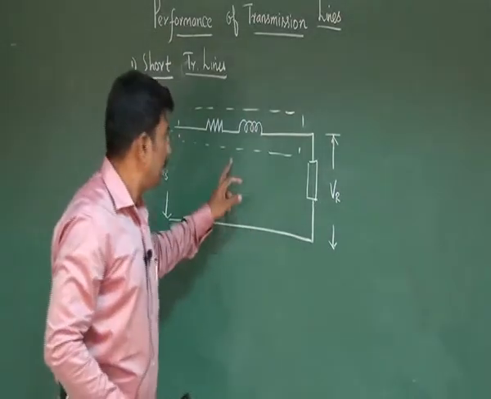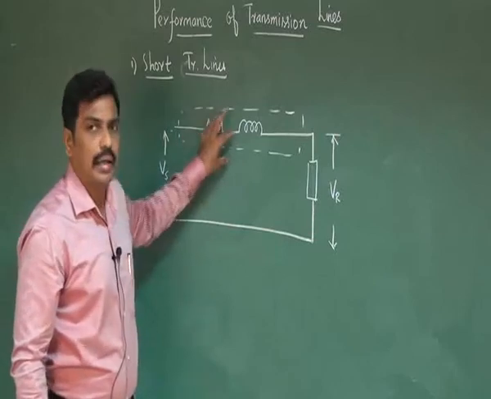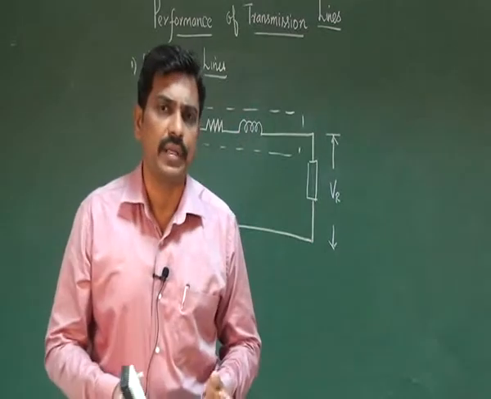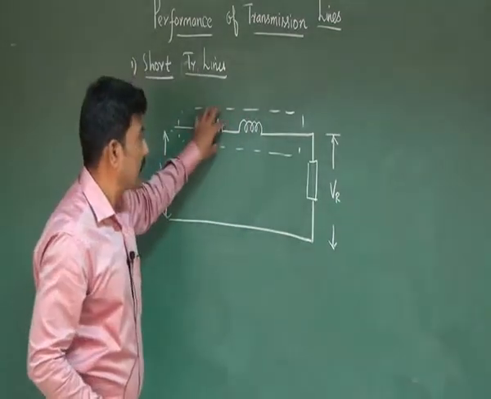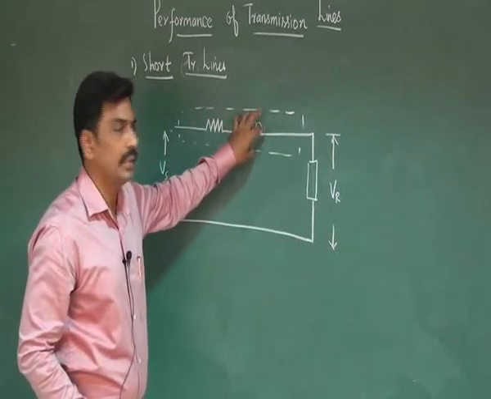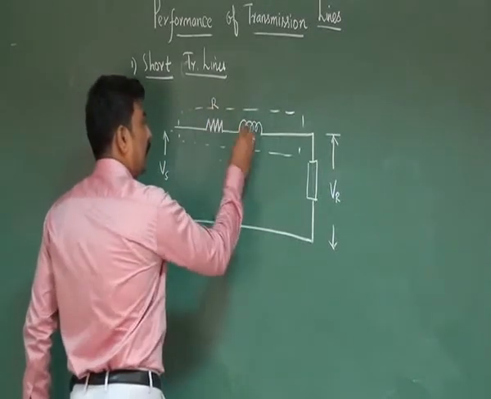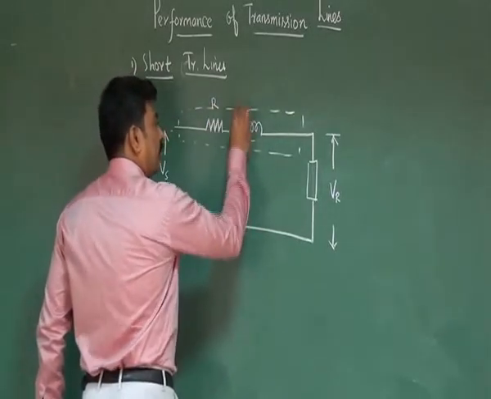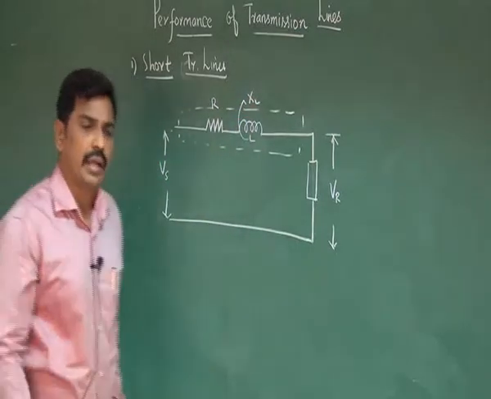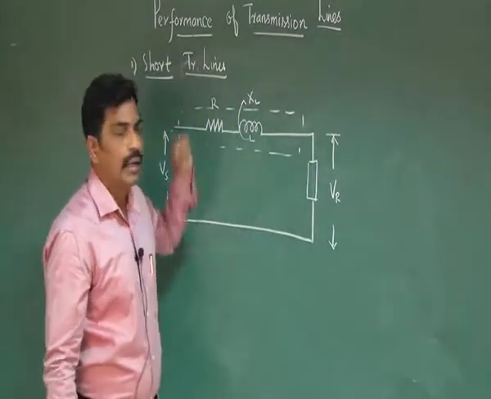But here, instead of uniform distribution, we have considered R and L as lumped parameters. Lumped parameter means concentrated parameters. That is, R is a lumped parameter for the transmission line, L is a lumped parameter for the transmission line. Now here this is R and this one is L. From L you can determine easily the inductive reactance that is essential for AC transmission circuits. So from L you can easily calculate XL.